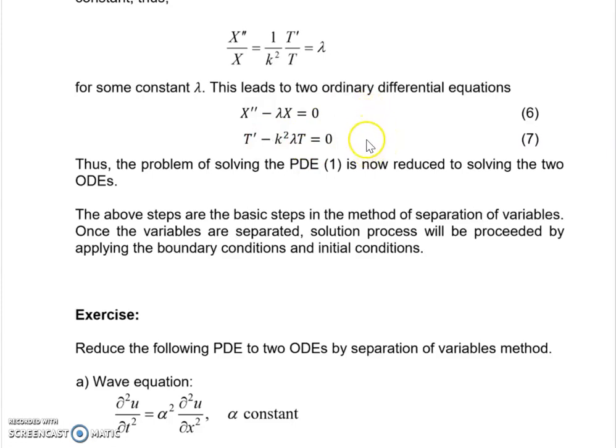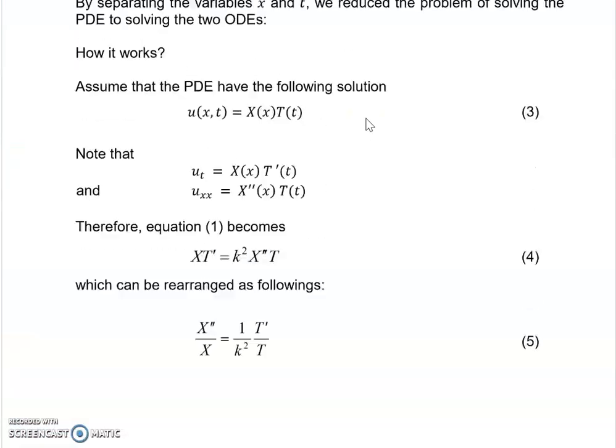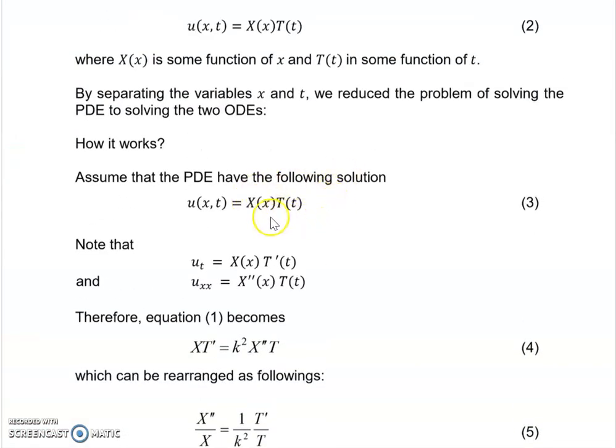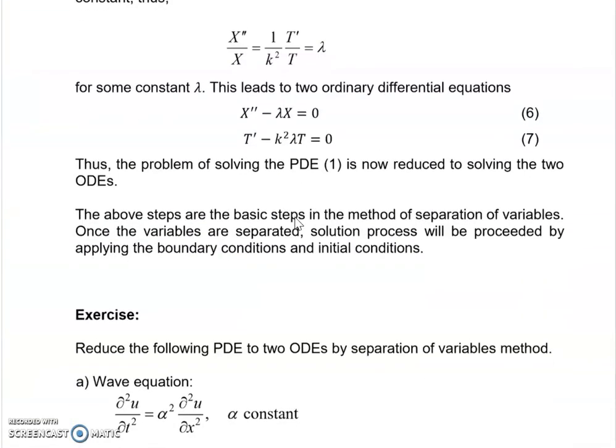With the solutions from 6 and 7, you put them back in equation 3, and that will be your final answer. Those are the basic steps in the separation of variables method. The solution will proceed by applying the boundary conditions and initial conditions, so that we can find the value of the constants involved in solving these two equations.